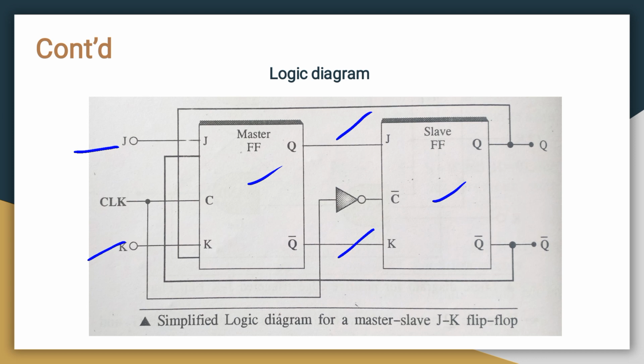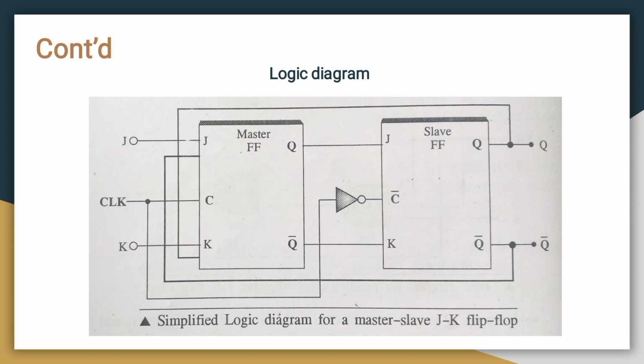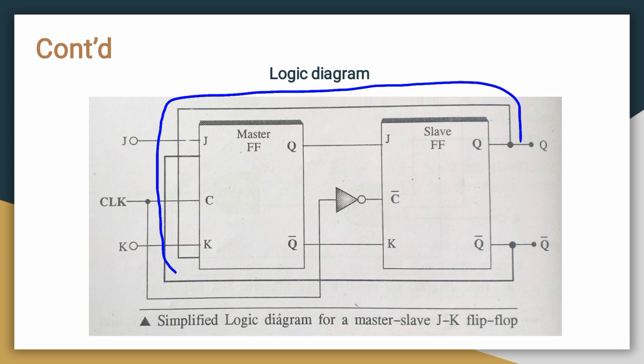Then the clock is given to the master, and the inverted clock is given to the slave JK flip-flop. After all this, you have to give feedback of Q of the slave to the K and Q bar of the slave to the J of the master. Clear? So this is the logic diagram.